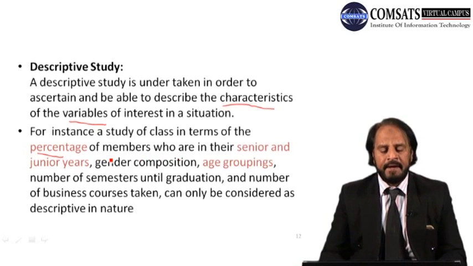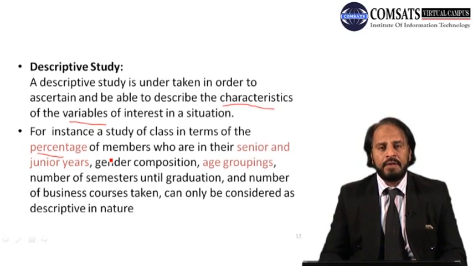Basically, it is describing the characteristics of a particular phenomenon. For instance, if we would like to study a class in terms of the percentage of members who are senior, who are junior, the gender composition, the age grouping, the number of semesters they are in, and the number of business courses they have taken.